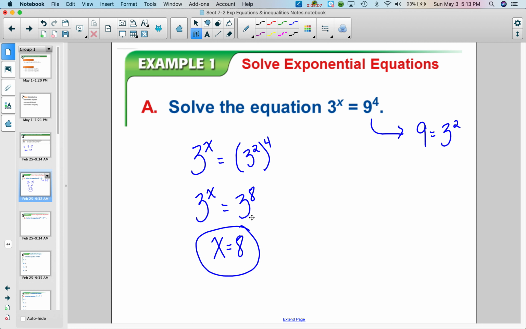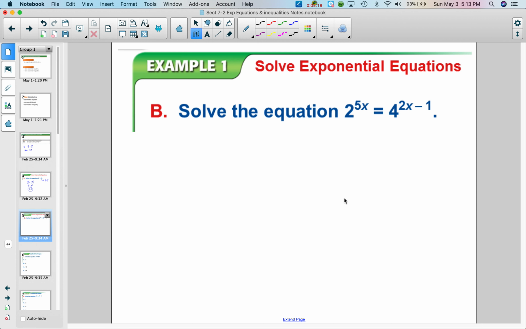You can always check these if you want to. You can grab a calculator and check 3 to the 8th power and see what you get, and then check 9 to the 4th power, and you can verify that you get the same thing. Okay, on this next one, the 2 we can't change to anything, but remember we're trying to get a common base. That's our goal. Find a common base.